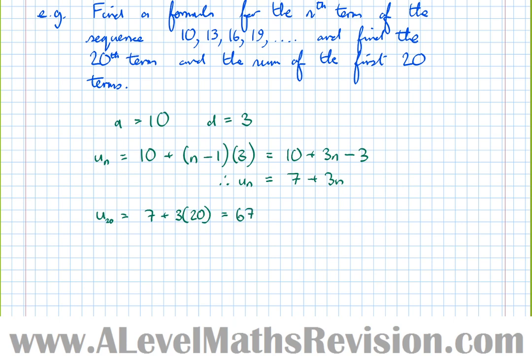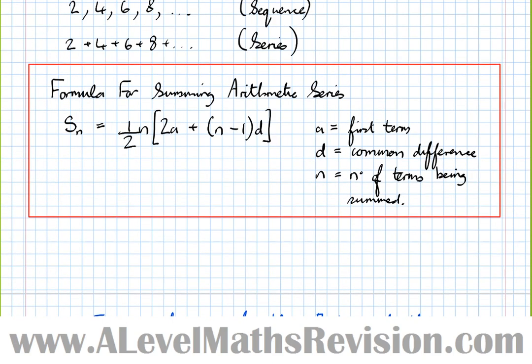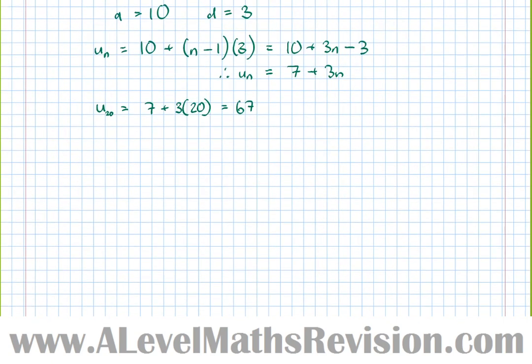And then the sum of the first 20 terms. So we're going to use this formula here. S_n equals a half n, (2a plus (n minus 1)d). So we've got here that a is 10, d is 3, and it's the sum of the first 20 terms. There's 20 terms in the sum.